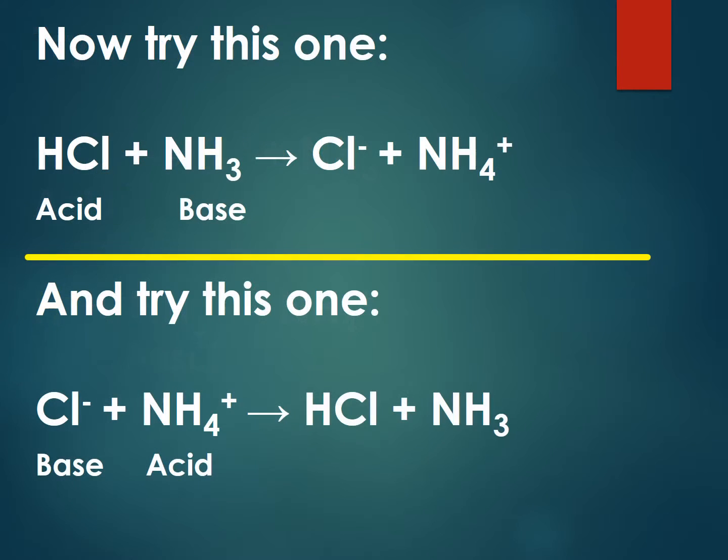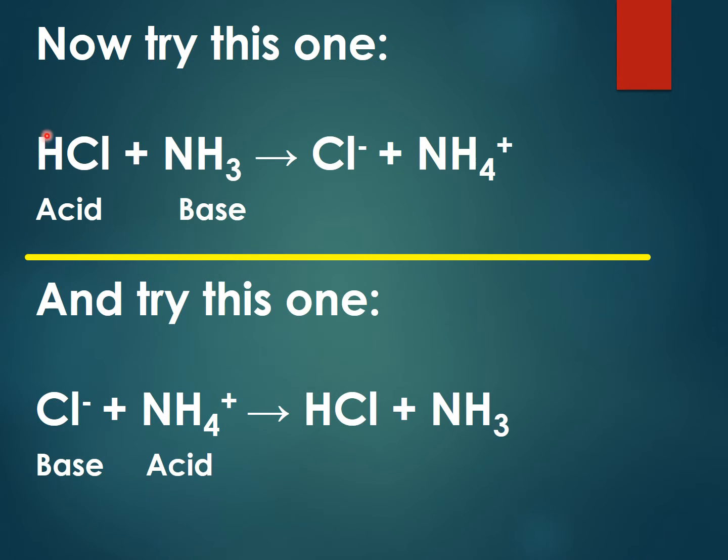So let's take a look at these two. We have HCl plus NH3 yields Cl- and NH4+. So HCl is the acid and NH3 is the base, according to Bronsted-Lowry. The reason is because the H leaves the HCl and goes to the NH3.